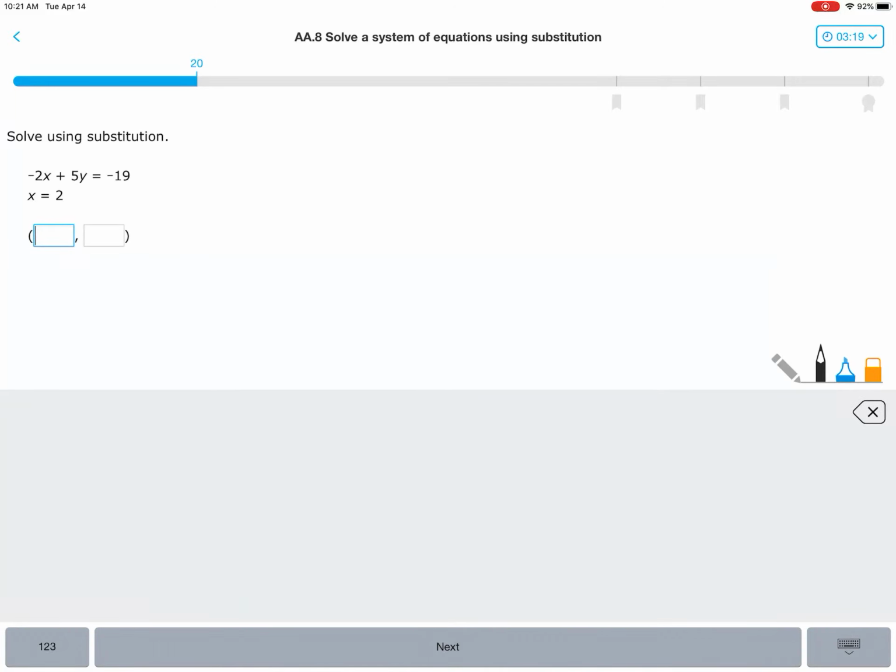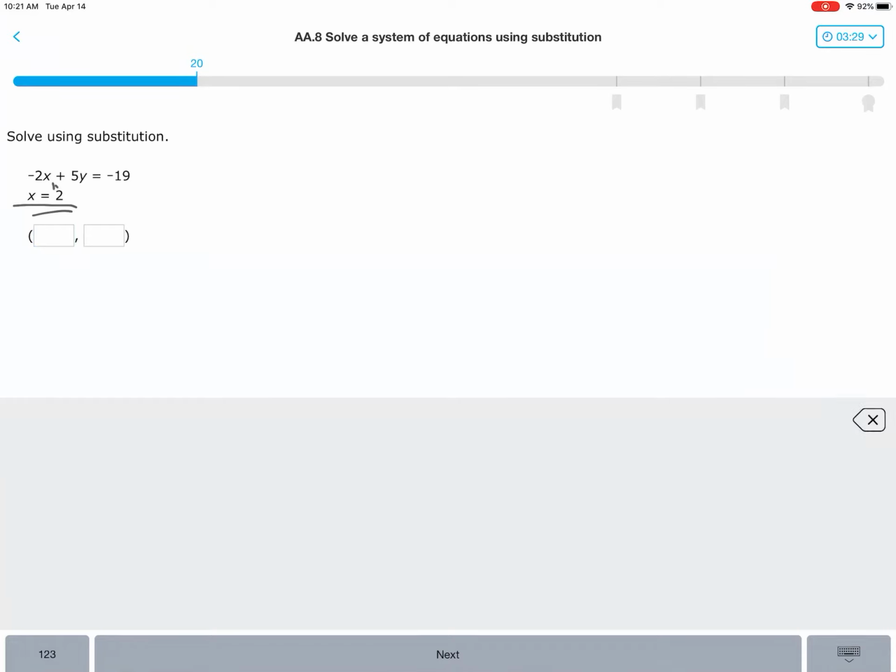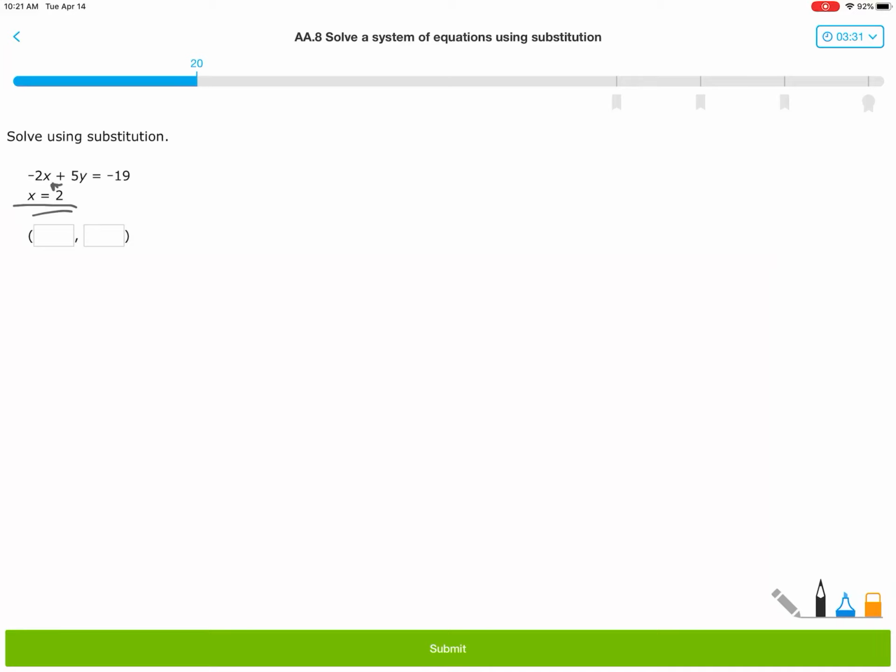All right, here's another easier type problem. They tell me x equals negative 2 or positive 2, sorry. So that's going to go in for the x right there. So for the first step, negative 2x plus 5y equals negative 19.